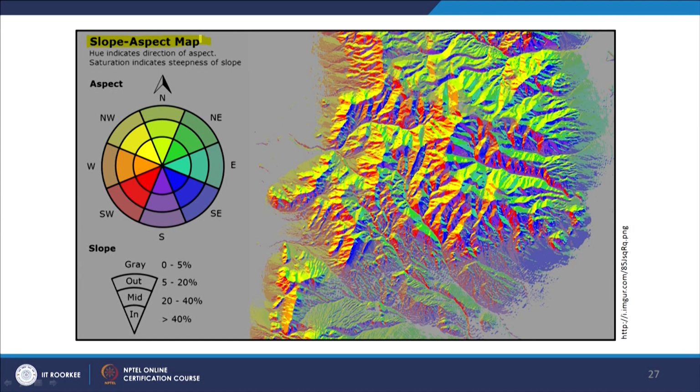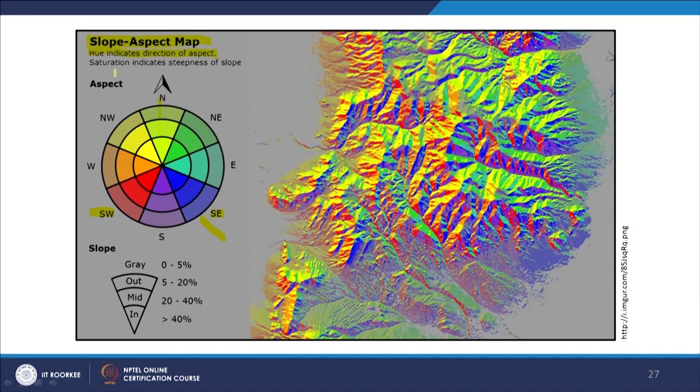One can try it in whatever software you are using, but you have to interpret it a little differently. So, what it is saying is that hue indicates the direction of the aspect. Which direction? If I am getting these light green colors, then that is a north facing slope. If I am getting blue colors, then I am talking of southeast. If I am getting red color, that means southwest.